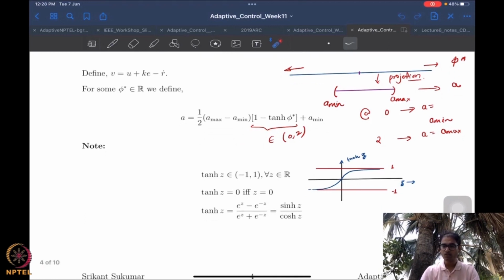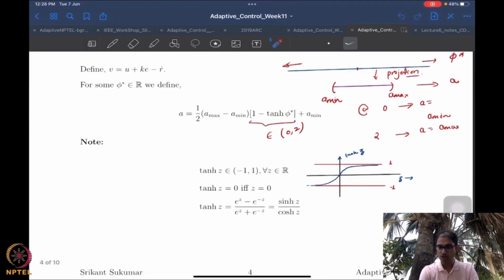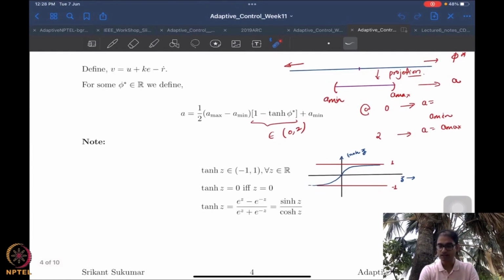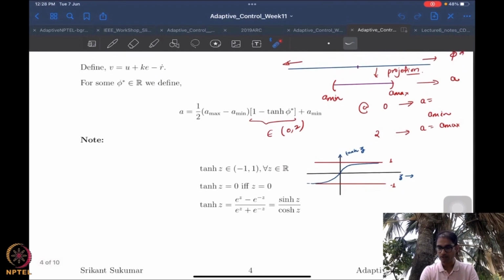All right. So this is the rather nice property that we are looking for. Okay, and we will of course look at how to make the error 0 and so on and so forth, and what is the right value of phi star and all that.